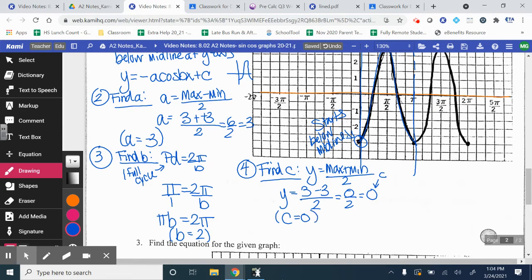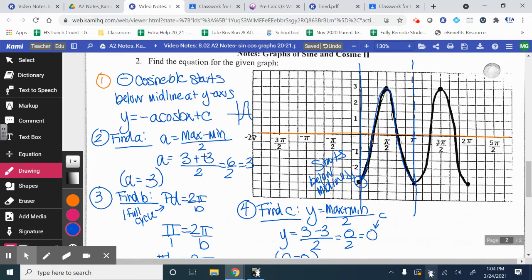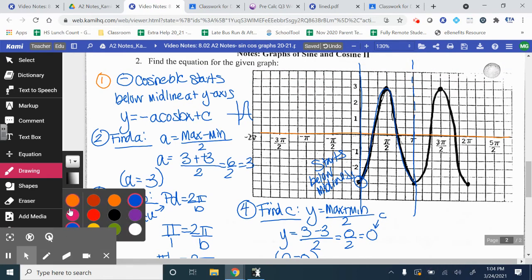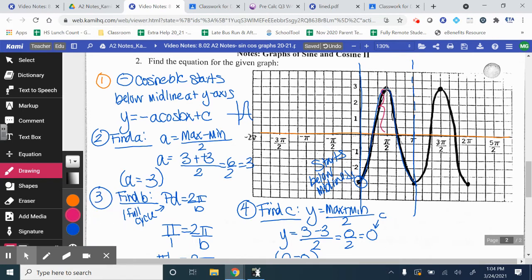And then again, before we go on to our equation, let's just verify these. Hopefully you already took a look at this, but I'll look at it with you again. So here we've got A is the distance from the highest point, your maximum, to the middle of the curve. So that is going to be up till 3. So my A is going to be 3.